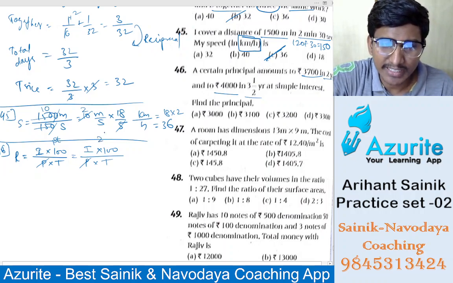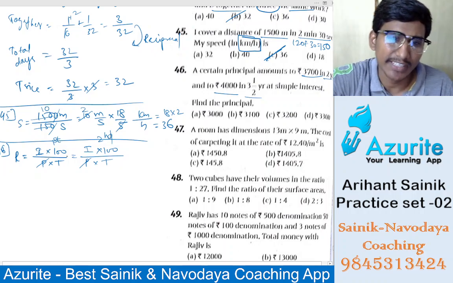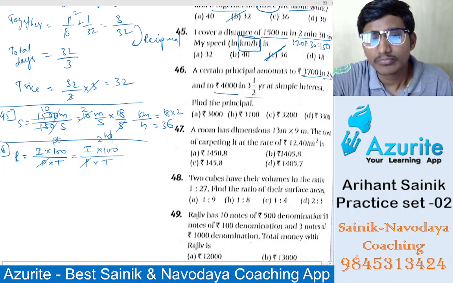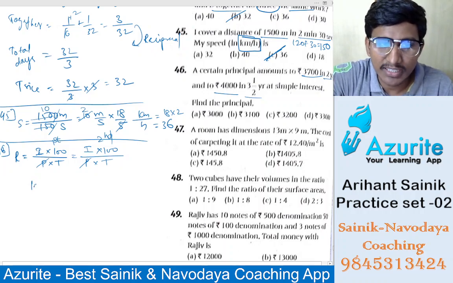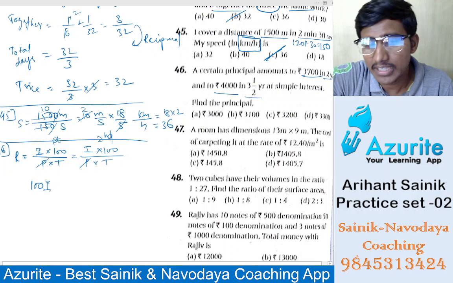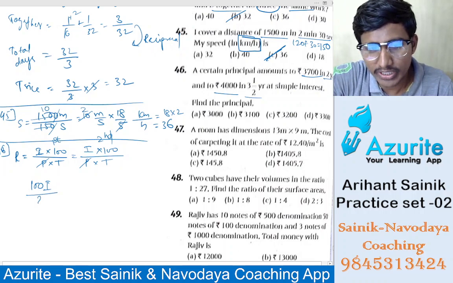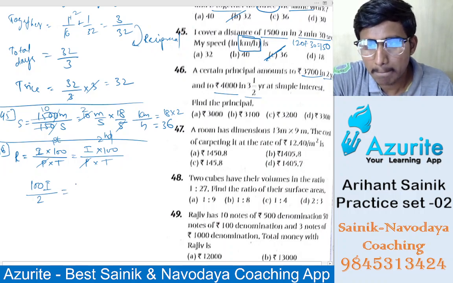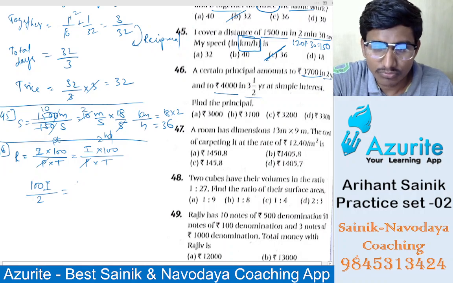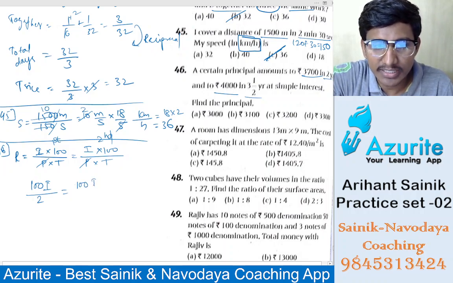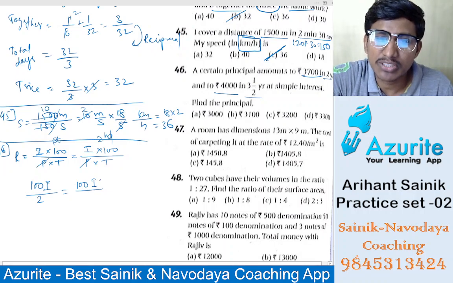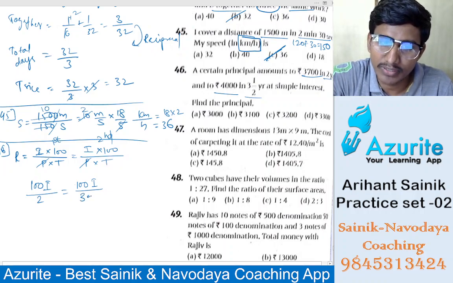So this is first time, this is second time. First time interest into 100 is 100 interest. Time is how much first time? 2 years. Here interest is how much? That we don't know. So 100 interest divided by time, 3.5 years.